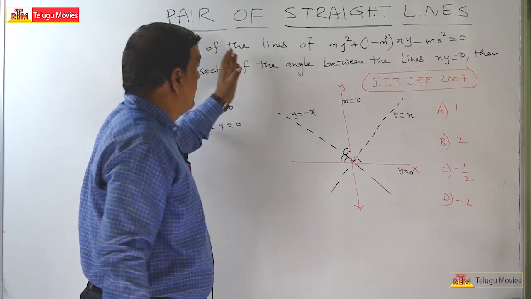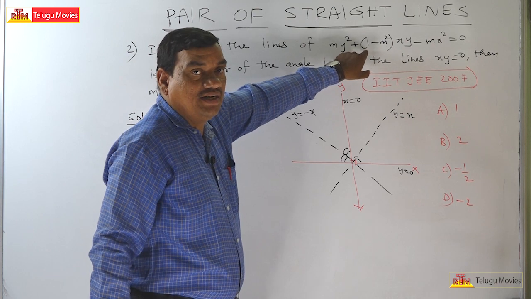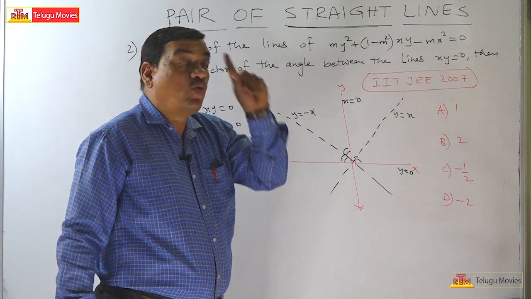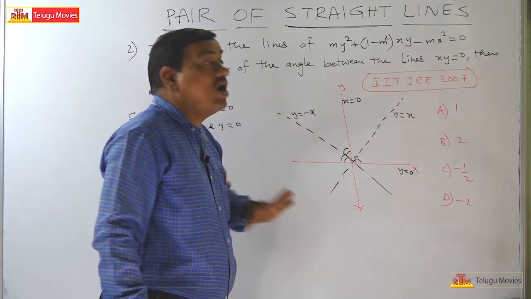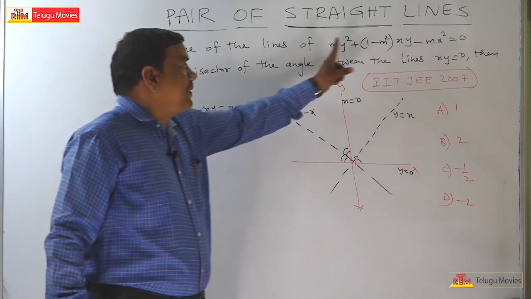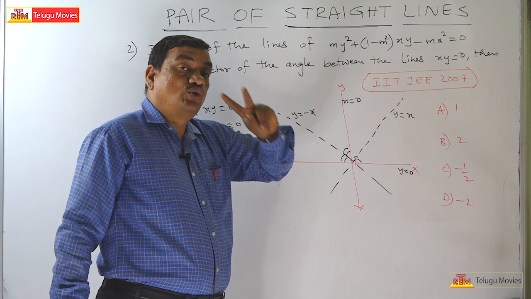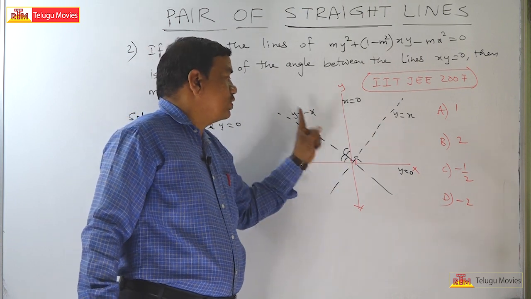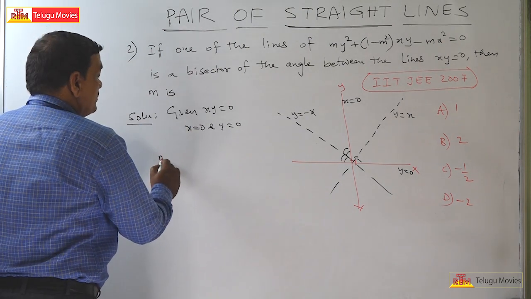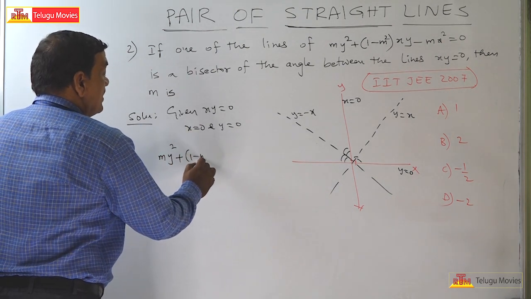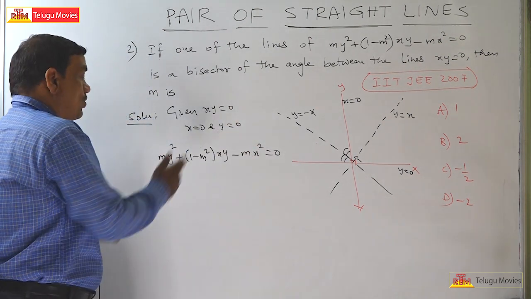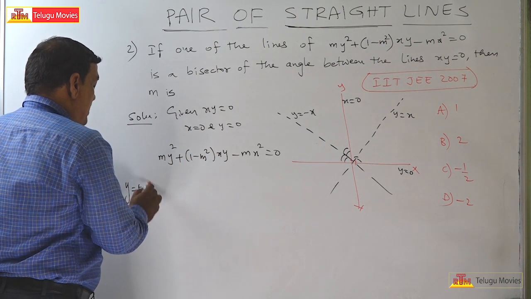That is, this pair of lines has two lines. Of those two lines, one of the lines is y is equal to x or y is equal to minus x. Understand this? Then what do we have to do? So what is the given equation? m square plus 1 minus m square into xy minus mx square is equal to 0. So substitute y is equal to plus or minus x.